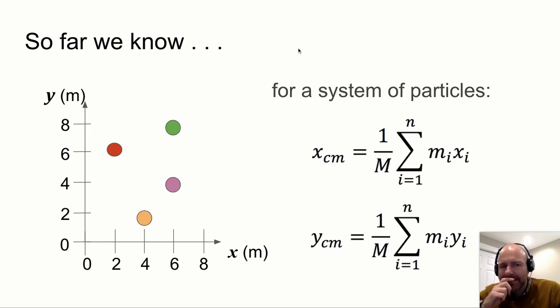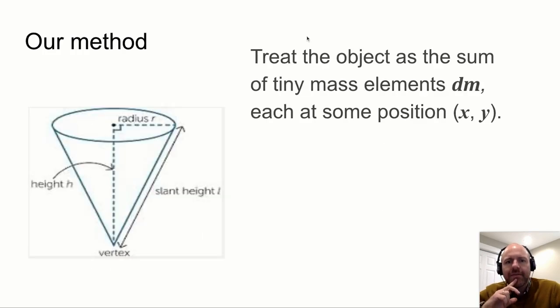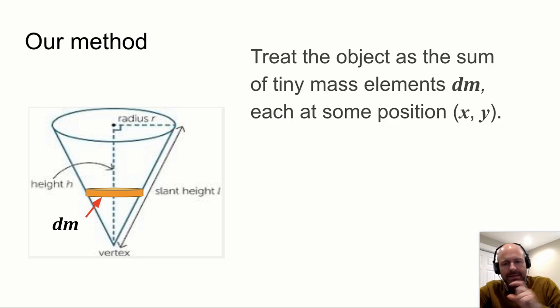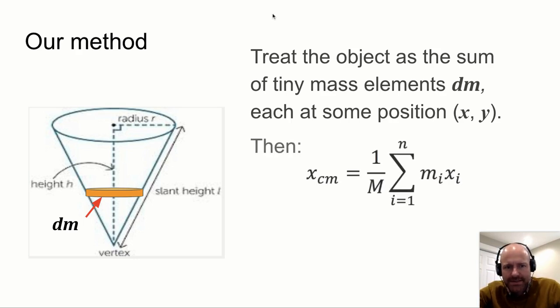It also makes sense that if the object is continuous, you could add up tiny little bits of mass, dm. So we're going to take little slices and say there's a little bit of mass there, and each dm has a position along the y-axis, and it's all the same on the x-axis in this case. So the x center of mass is going to be 1 over the total mass times the sum of all these little pieces.